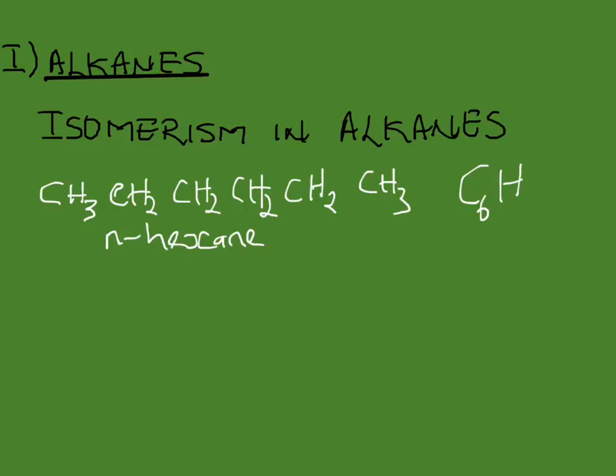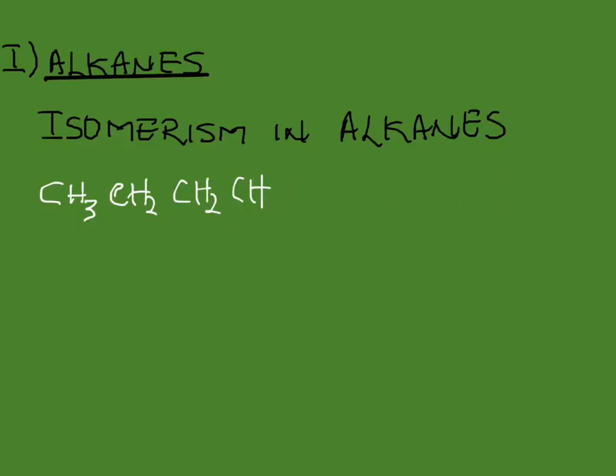For example, butane has 2 isomers. Pentane has 3 isomers. Hexane has 4 isomers. Heptane is going to have 5 isomers, and so on and so forth. So that is how it goes.